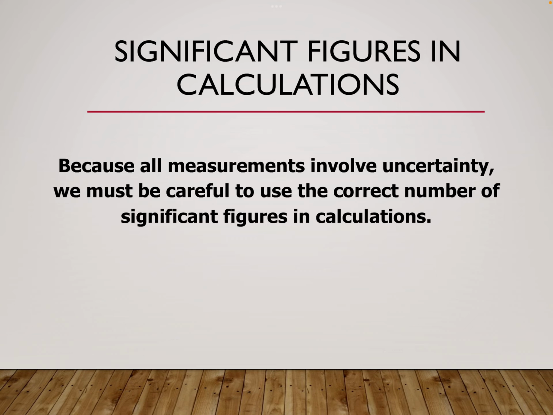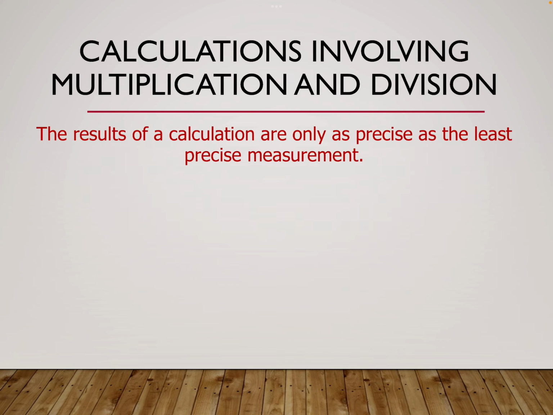Once we do some math with it, we have to round them again so that we keep that level of precision. Because like I said, when you put numbers in a calculator, it's just going to spit out a bunch of numbers, and it may spit out more numbers than you actually should report to correspond to our uncertainty in our measurement.